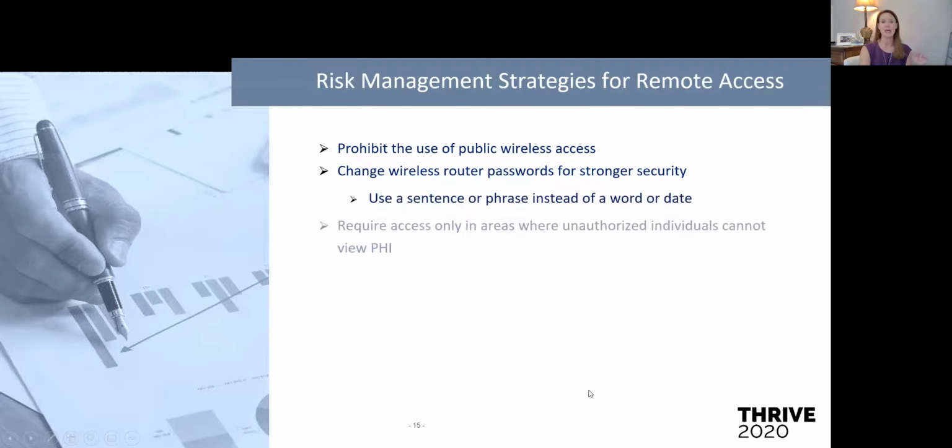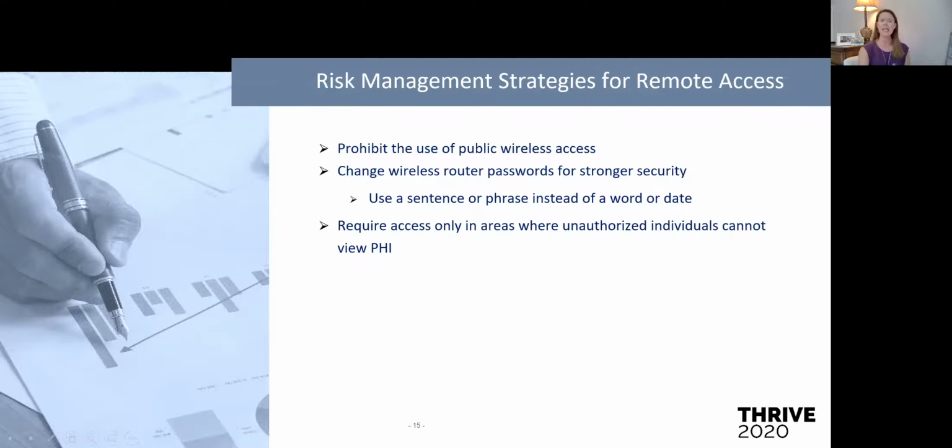And that can be done by either a sentence or a phrase, but we want to avoid important dates. We want to avoid our children's birth dates. We want to avoid our children's names or initials. Those are always go-tos because those are easy to remember, but those are easy to figure out because of social media. So you want to make sure that we are not using those easy things for cyber criminals to try to figure out.